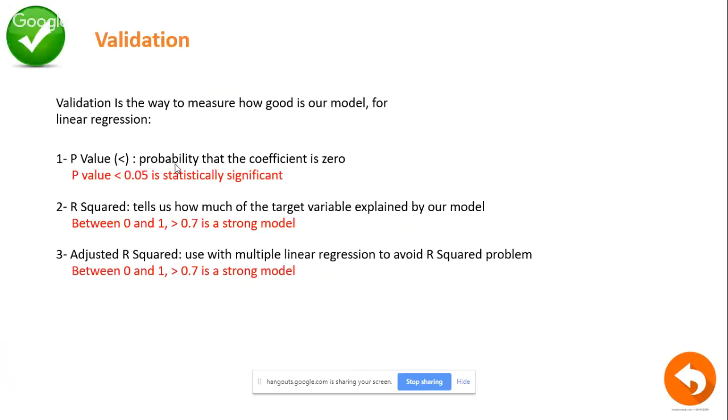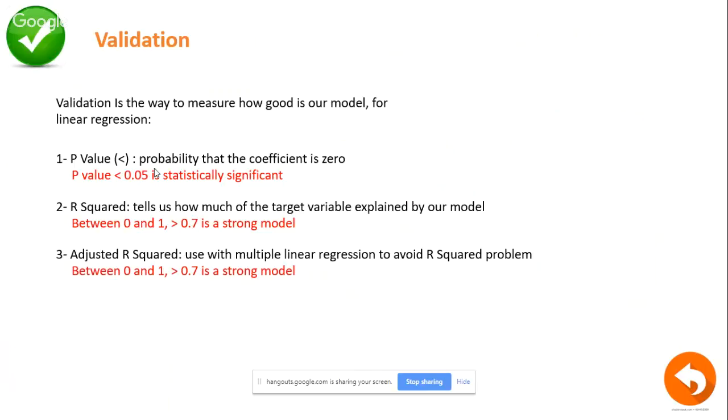The p-value is the probability that the coefficient is 0. The lower the p-value, the higher the probability that a relationship exists between the predictor and the target variable. When a predictor variable has a p-value below 0.05, the relationship between the predictor and the target variable is considered to be strong or to be statistically significant.